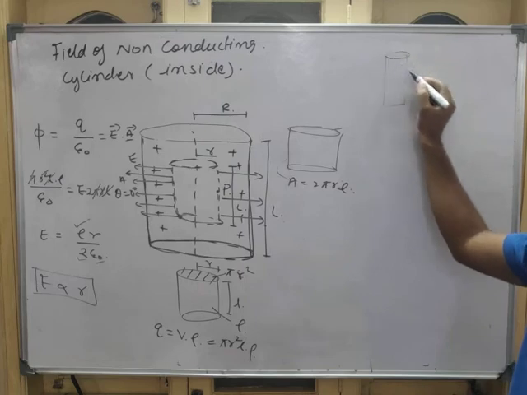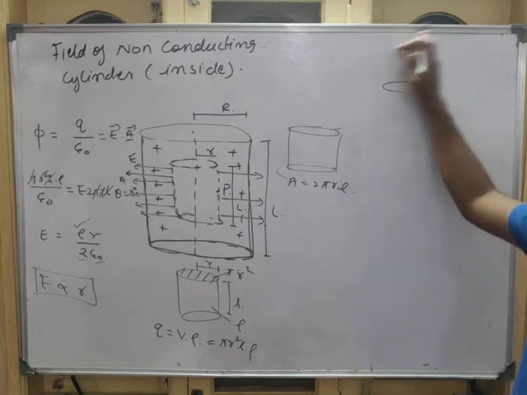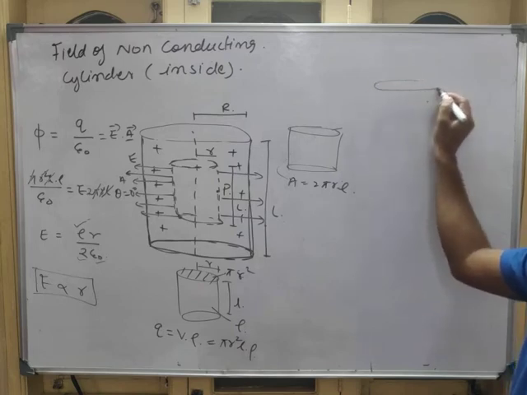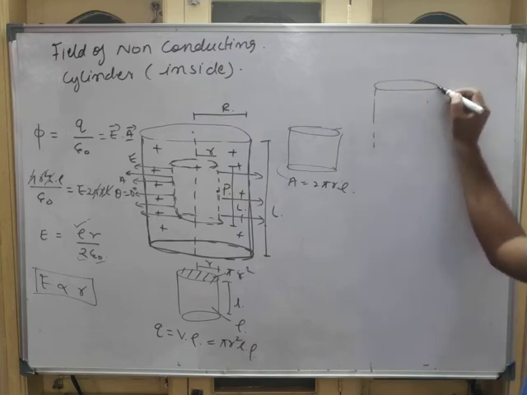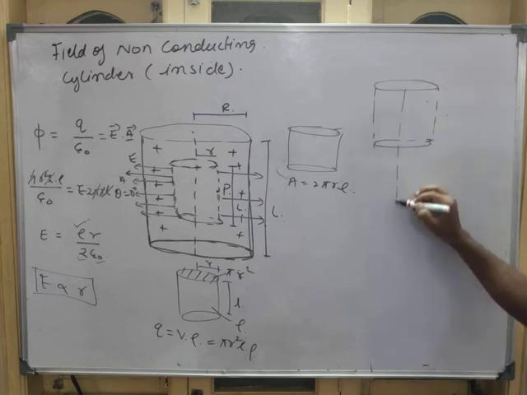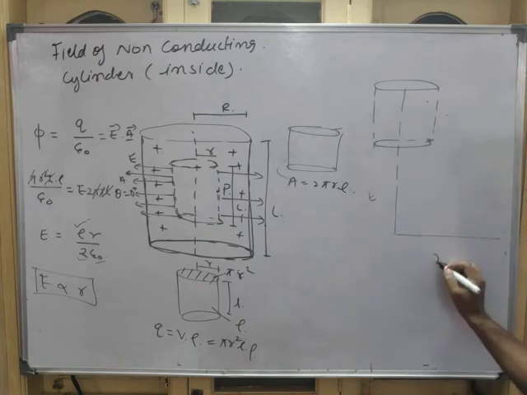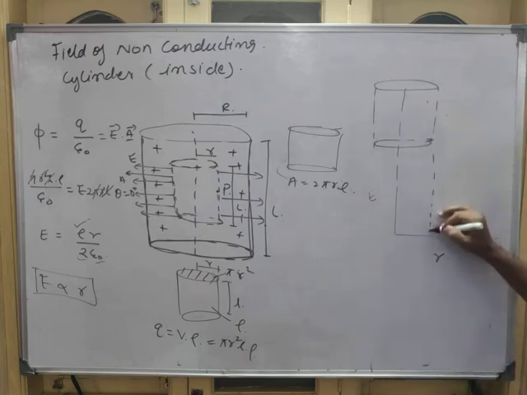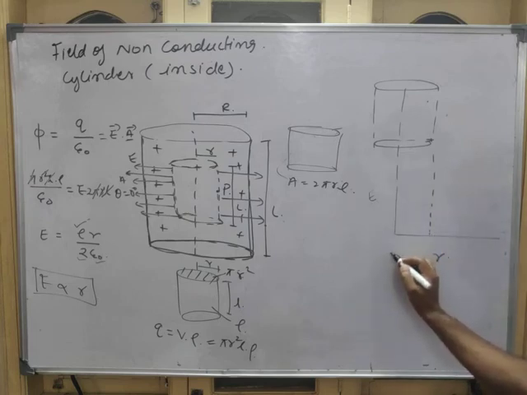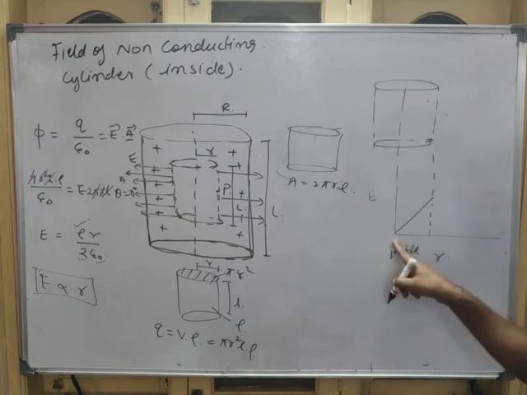Let us take this cylinder like this. So field on the y-axis, distance on the x-axis. Up to inside, it increases. At the center it will be 0.